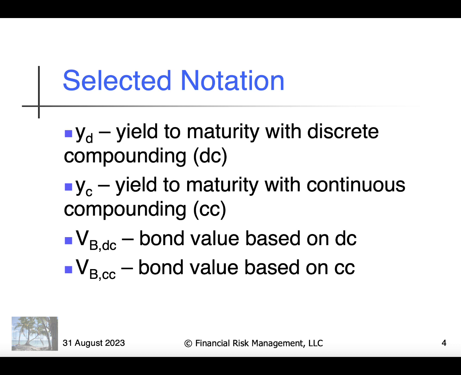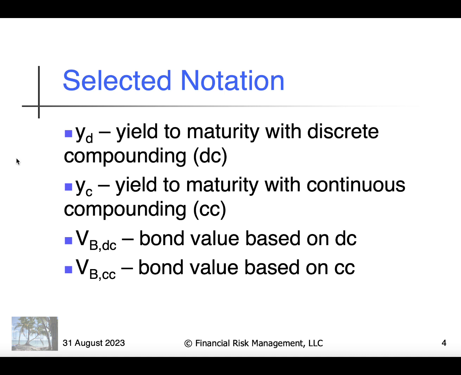We could explore yields in 2 different ways: discrete compounding and continuous compounding. The bond value based on discrete compounding and continuous compounding can be represented in this form. Remember, the quoted price of the bond doesn't change. The way you compound interest will cause changes in the reported yield to maturities.